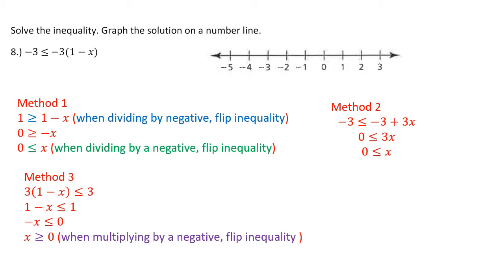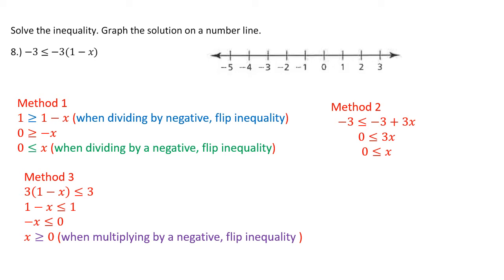So I've flipped the positions and I've kept the inequality symbol the same. Then when I divide by 3, I'm dividing by a +3, which keeps the inequality symbol the same. It leaves me in step 3 with -x is less than or equal to 0. When I multiply or divide by a -1, I need to switch the inequality symbol to a greater than.